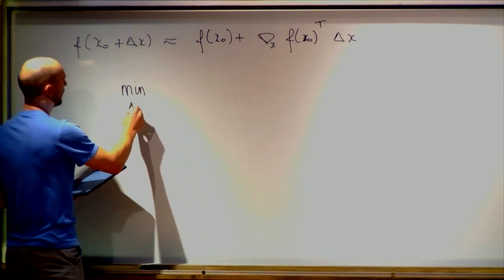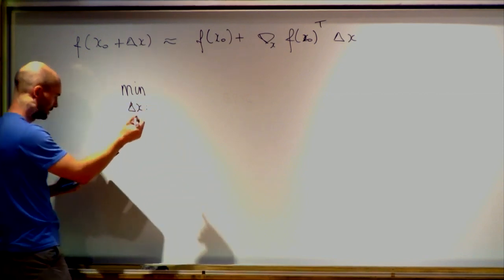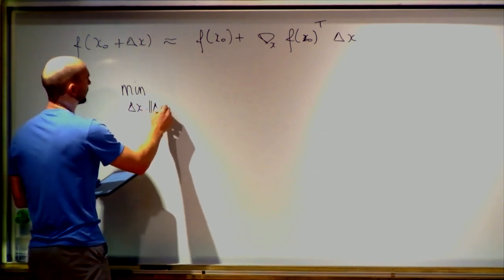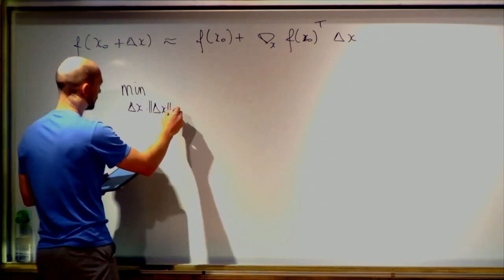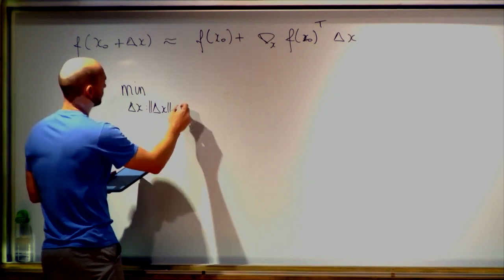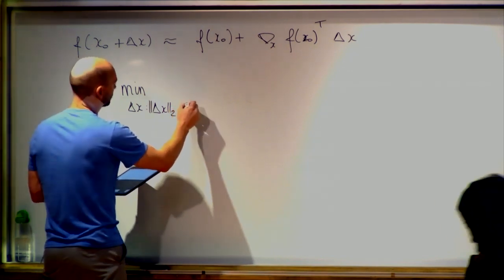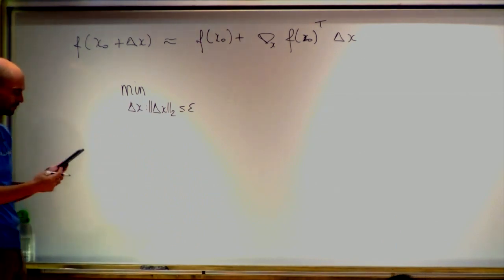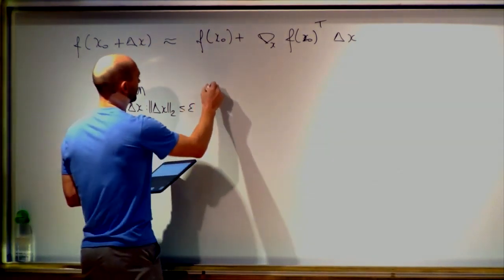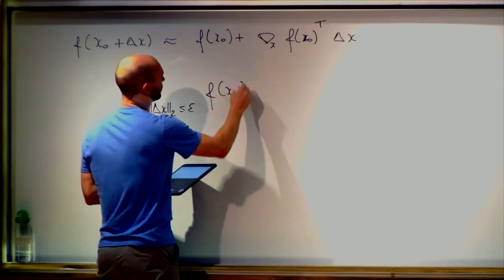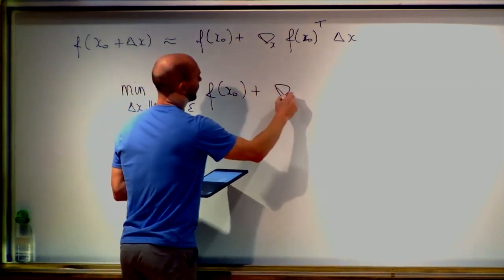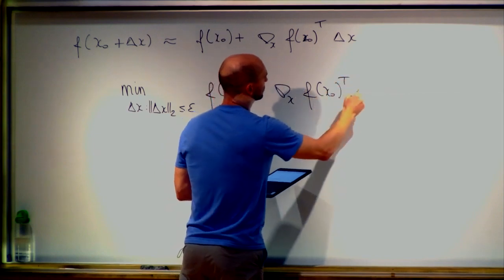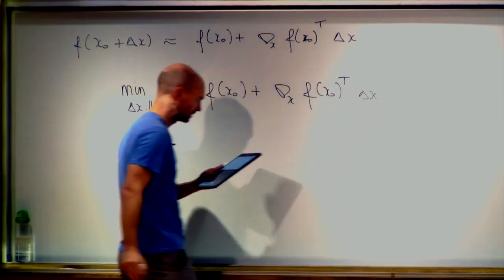So making this more explicit, let's say we're looking for the minimum over delta x such that the norm of delta x is smaller than some epsilon, so we can only stay close, of f of x0 plus delta x f x0 transpose times delta x.